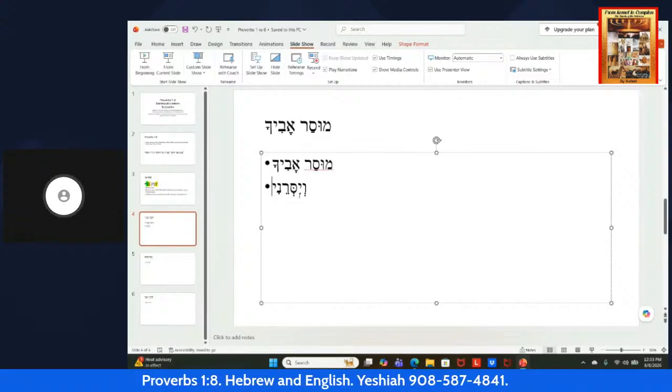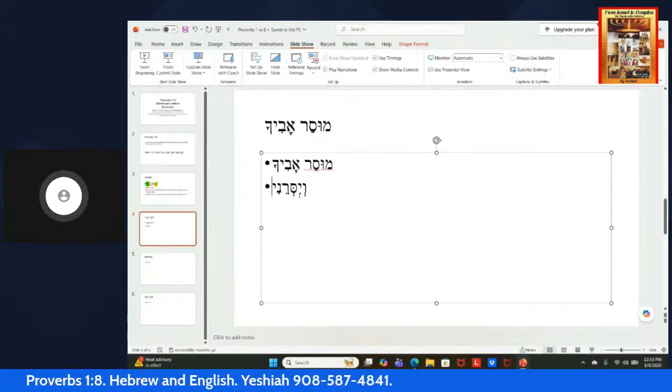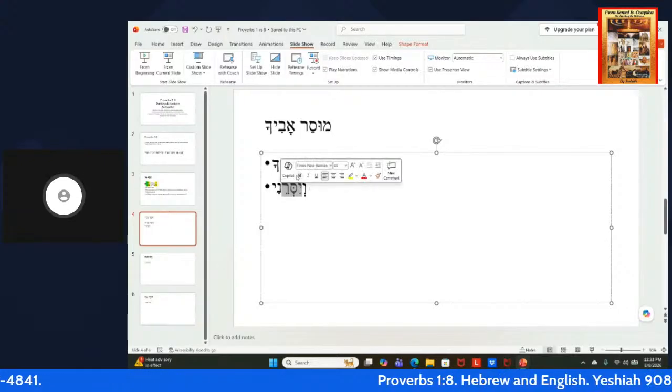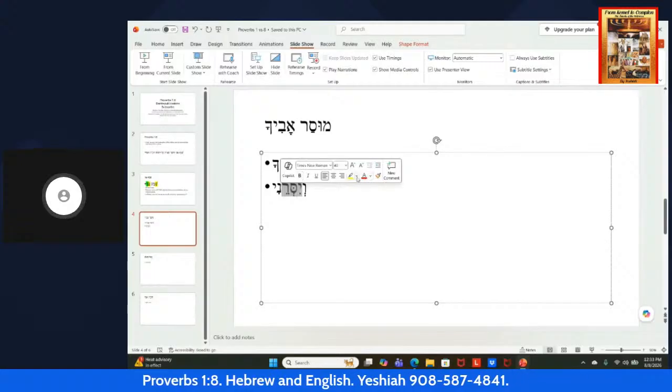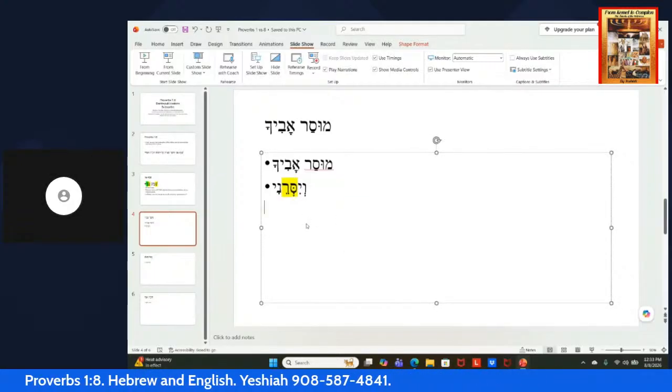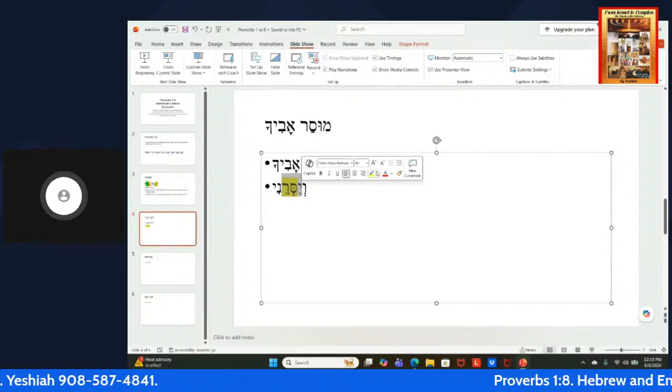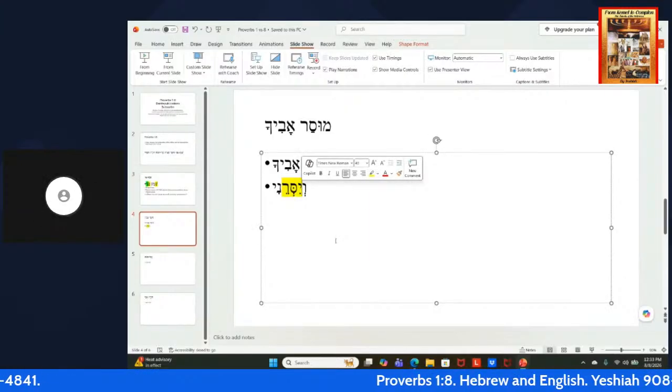Wayisreni. Now let's look at this and color code this, family. The root of this word we see here is the word yasar. If we color that one in yellow, we must get the yod as well. Let me explain what happens.